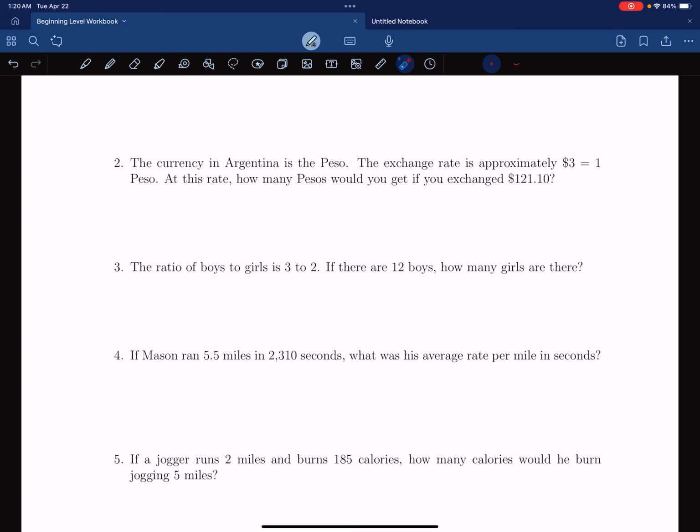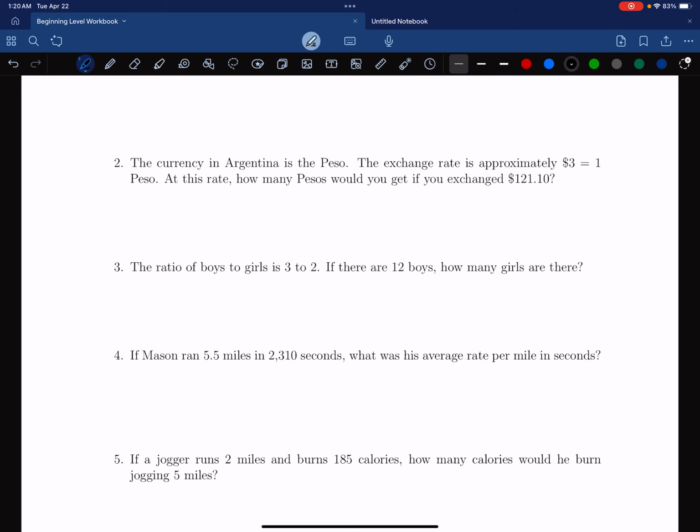Now example 2, it says the currency in Argentina is the peso. The exchange rate is approximately 3 American dollars or US dollars for every 1 peso. At this rate, how many pesos would you get if you exchange $121.10 of US dollars? So we're going to set up the ratio that we know.